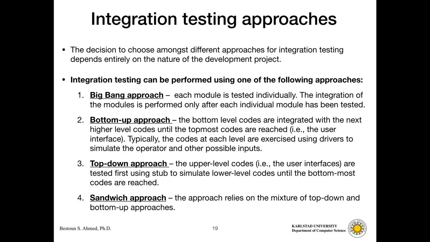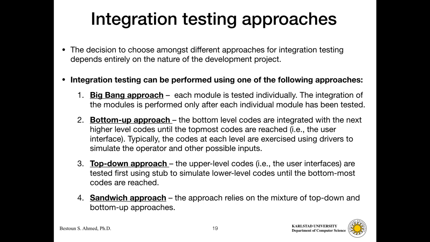Now integration testing is kind of complicated when the software is getting complicated and complex. Integration testing can be performed using one of the following approaches. So you have different approaches of integration testing. One approach is called the Big Bang, which means you are testing all of them when they are developed.